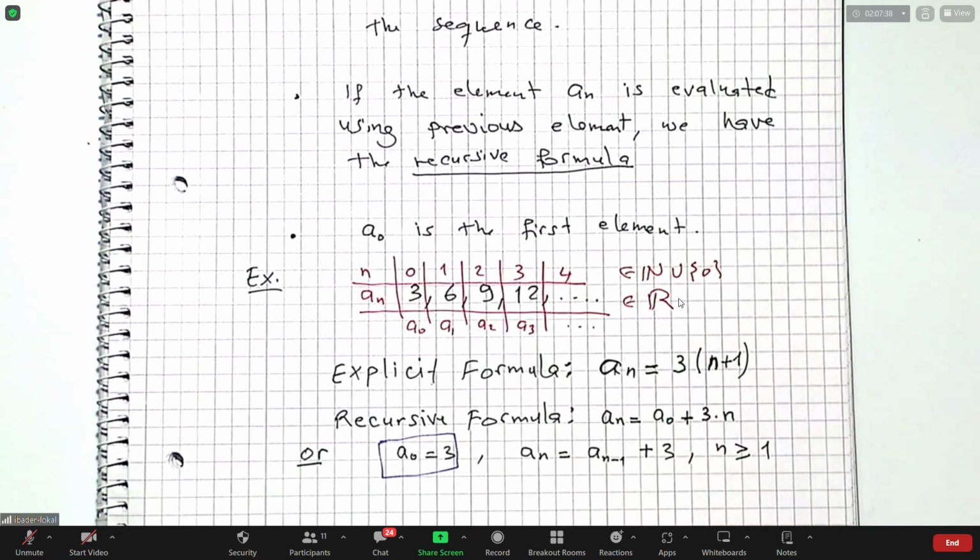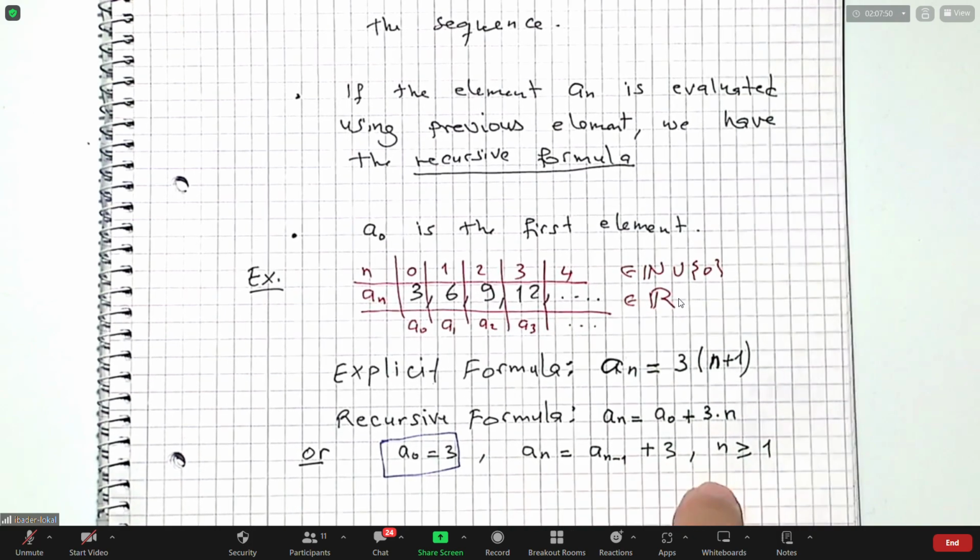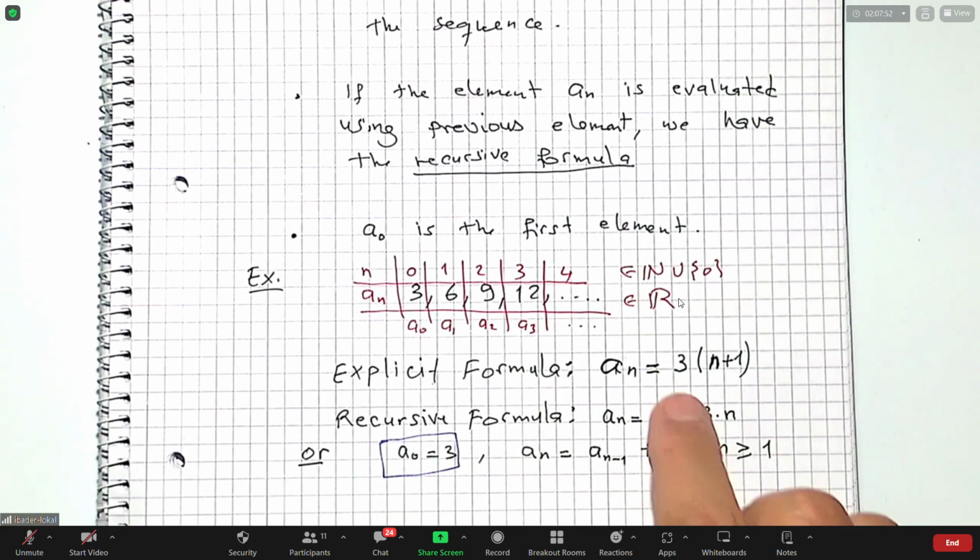So either these three will generate the sequence. Okay? But notice that for the recursive one, you need to know the previous element to get the current element. However, this one, you can think of as a function f of n equals 3 times n plus 1, or 3n plus 3.